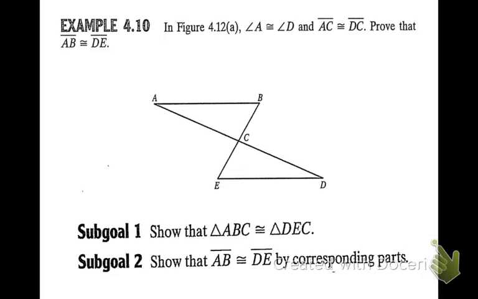We've got in the figure, it's a good idea to mark the figure with the given things. So angle A is congruent to angle D. AC is congruent to DC. We're going to prove that AB is congruent to DE. I'm not going to mark what I have to prove.